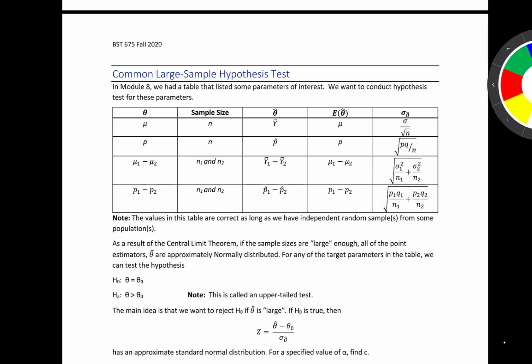If you'll recall in Module 8, we had a table that listed some parameters of interest, and we want to conduct a hypothesis test for these different parameters. Common parameters here are the population mean, a population proportion, difference in means from independent samples, and a difference in proportions from independent samples.